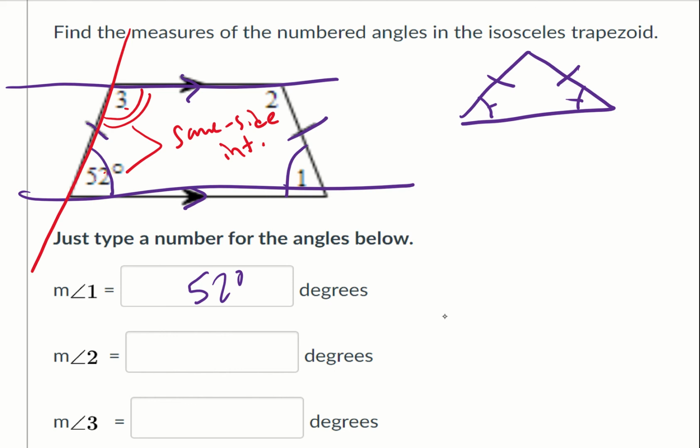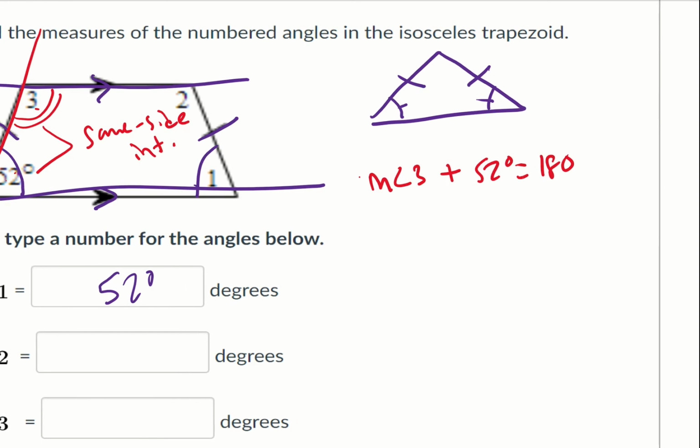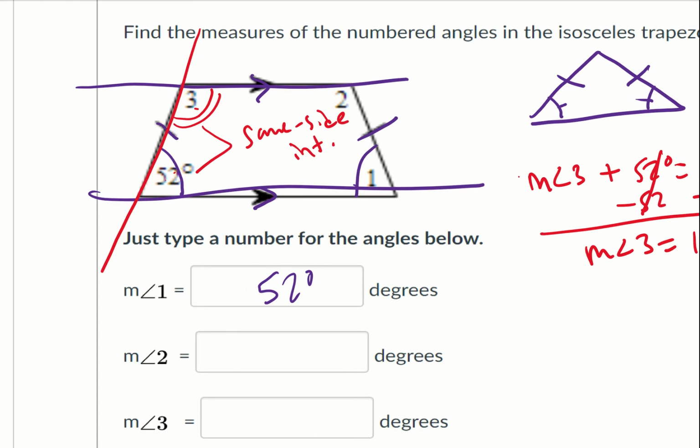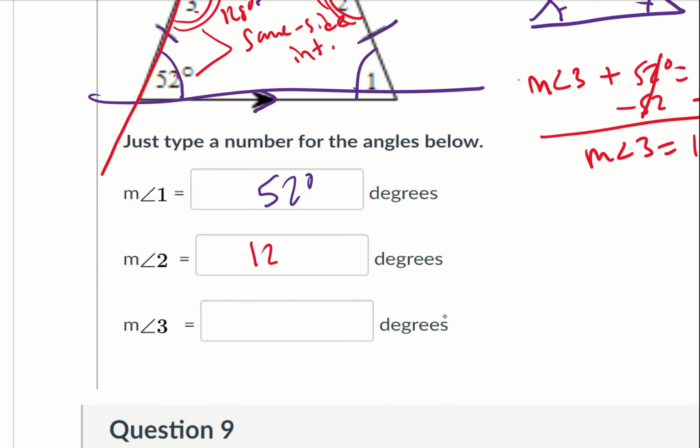So we know that the measure of angle 3 plus 52 degrees has to be 180. They're supplementary. And that works for a trapezoid, as well as some other shapes. So we have here 128. So this is actually 128 degrees. And because it is isosceles, it's going to be the same as this as well. All right, so we got 128, 128.